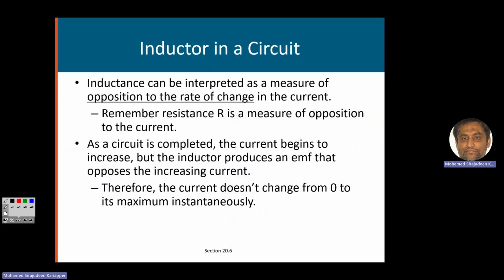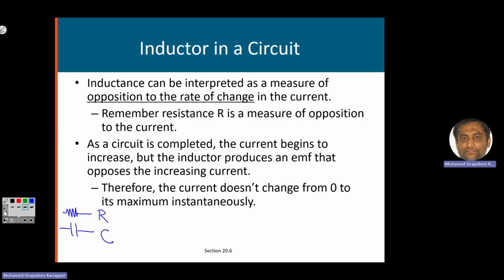Right. So let me summarize the inductor in a circuit. We can take an inductor coil and put it in a circuit. It is another circuit element like resistance. The resistor symbol is this, and the capacitor is this.